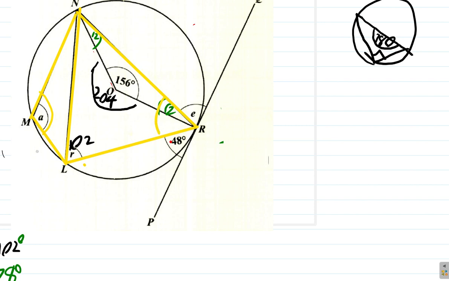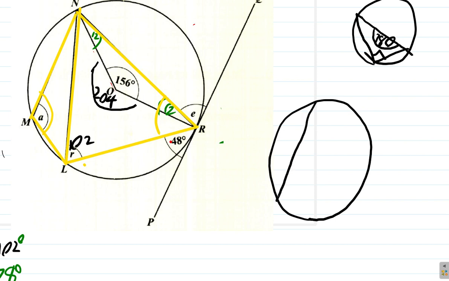You see that? So, let me make a circle here, with a situation somewhat similar to this. This would be like A here, and this lies in the alternate segment.